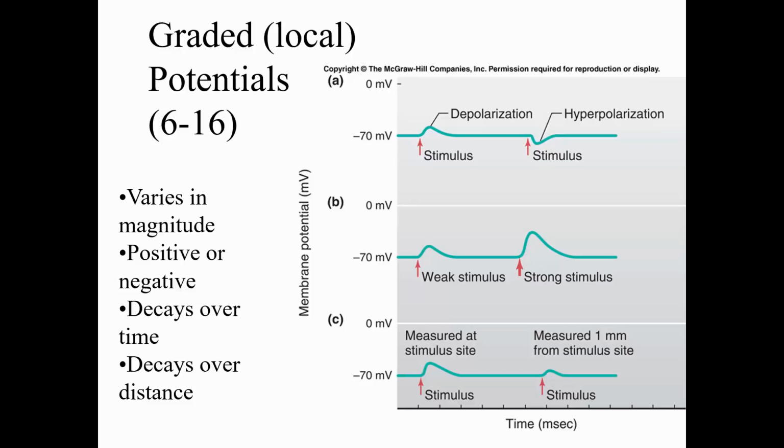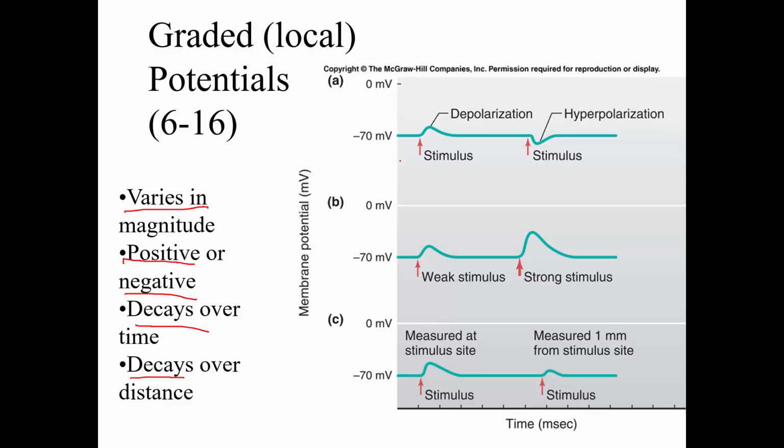So local potentials, your textbook calls them graded potentials, and here are some examples. They vary in magnitude. They could be a depolarization or a hyperpolarization. They decay over time, and they decay over a distance. Those are the characteristics of local graded potentials, happening by local current flow.